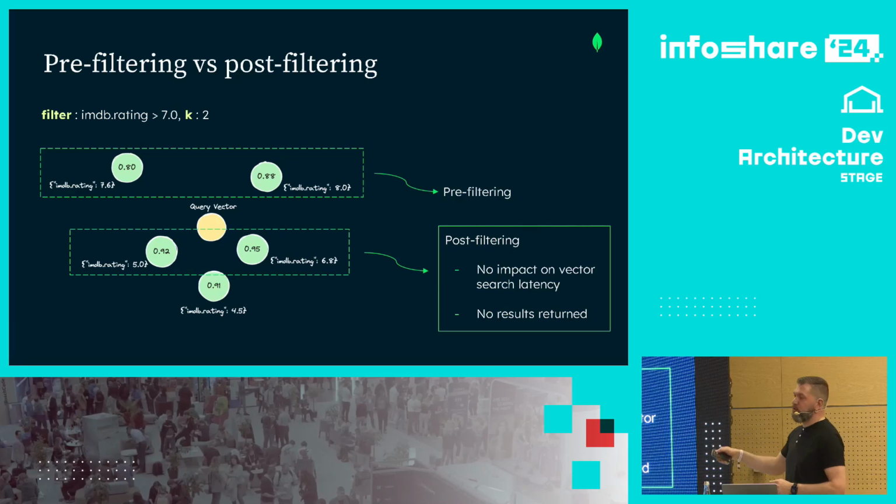Doing that as a post-filter, it would return those, but it would automatically drop them because they would get filtered out, and we would actually return nothing. And so with post-filtering, we don't get any performance gains, and we also run the risk of dropping perfectly relevant candidates. So pre-filtering is generally the way to go.